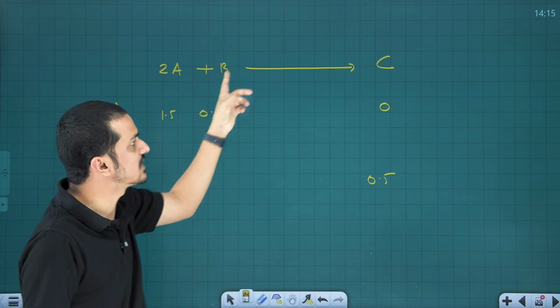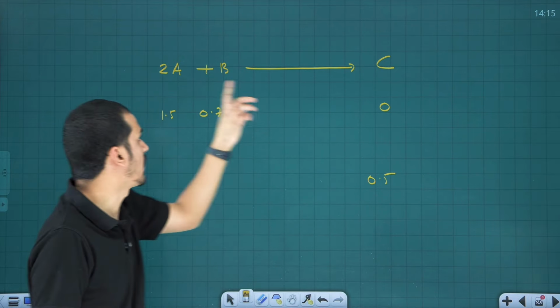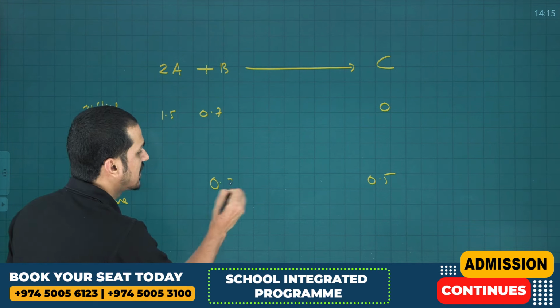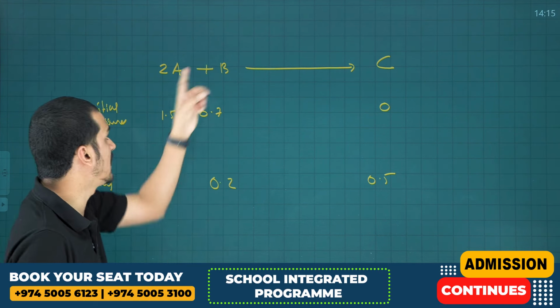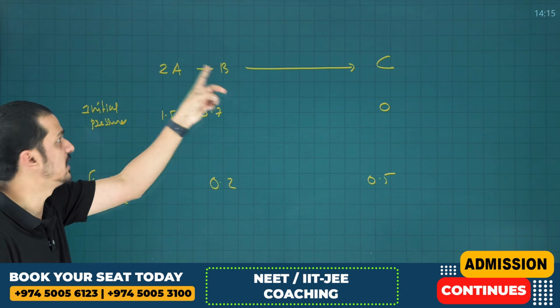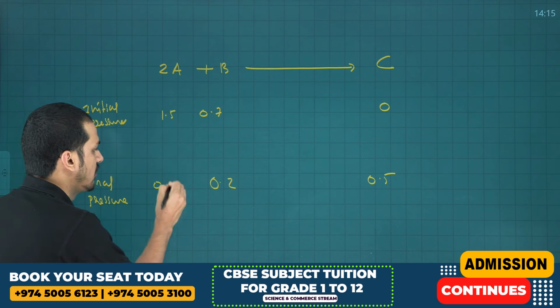From here 1B reacts, 1C is produced. That means 0.5 C produced means 0.5 B should react. So the remaining pressure of B is 0.2. From here 1 is reacting means here 2 will react, so 0.5 into 2, that means 1 will react. So the remaining will be 0.5.